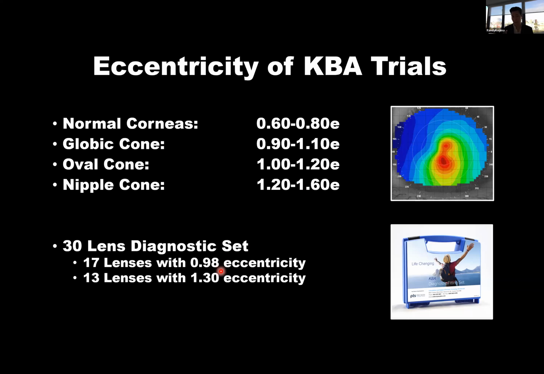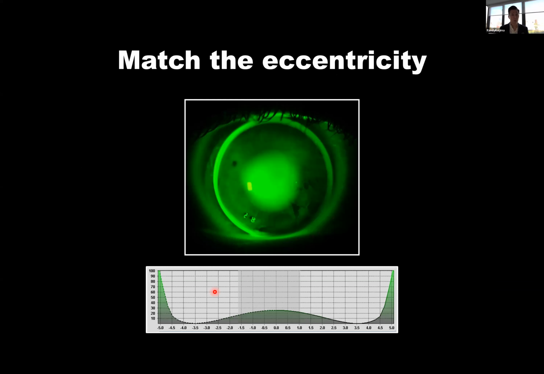I said 1 millimeter, I mean 1.0 eccentricity versus higher eccentricity, because all the eyes we face in the irregular cornea are going to be a radical change from the center to the periphery. So try to match the eccentricity of the lens to the eccentricity of the eye.